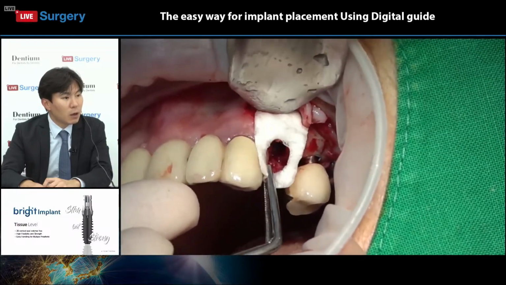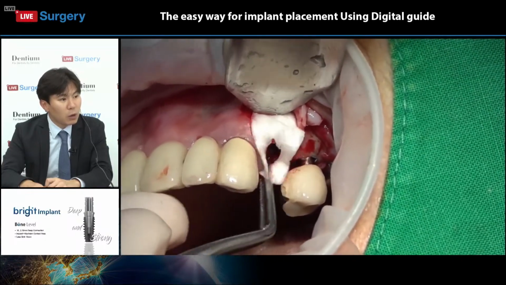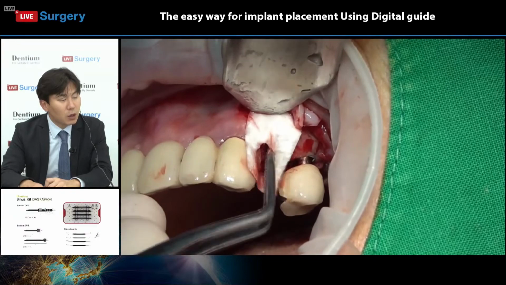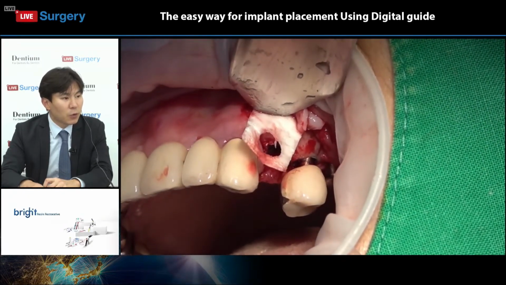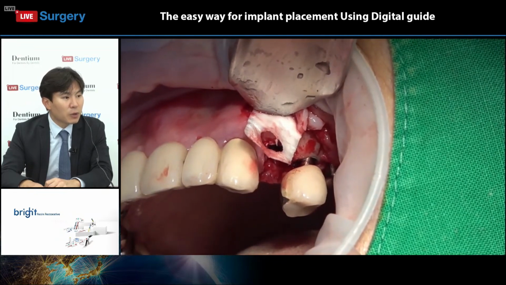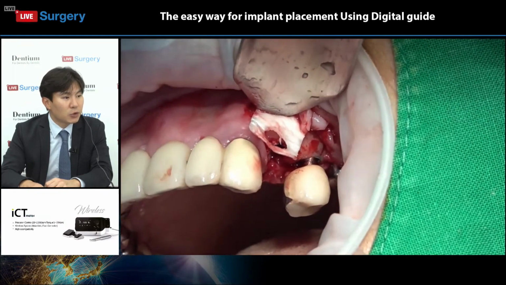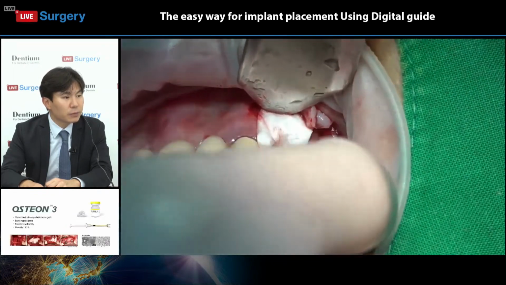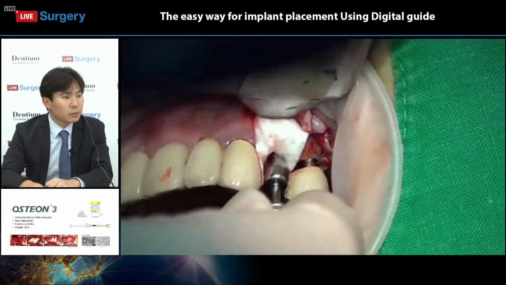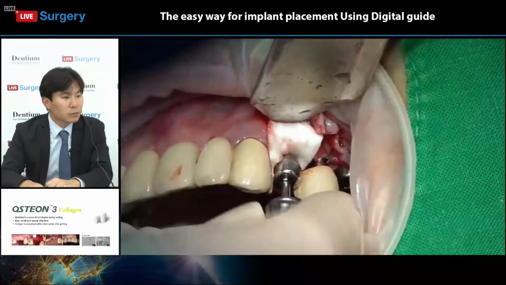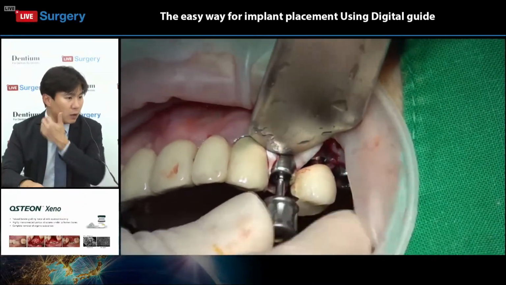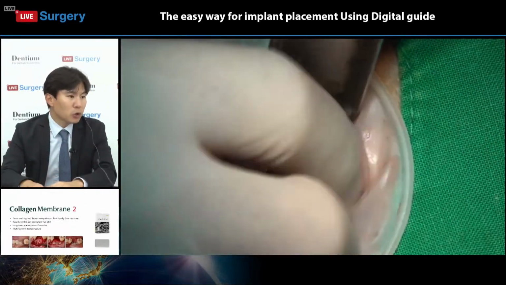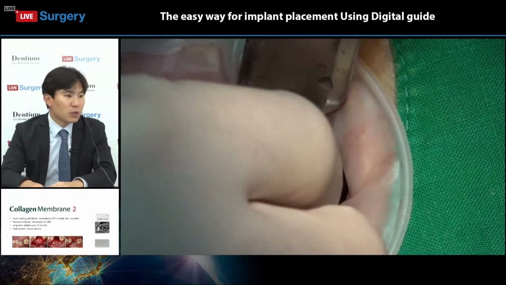And he made a hole in the collagen membrane too. This hole is for connecting the healing abutment to the fixture. We can make this kind of hole using a punch or scissors.